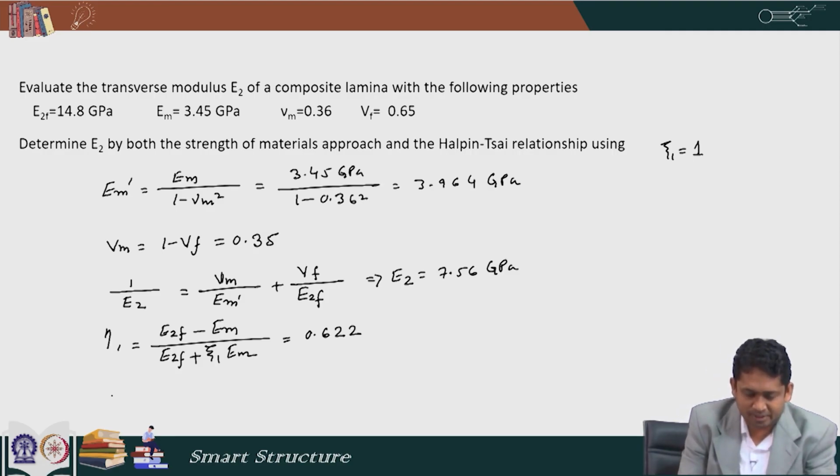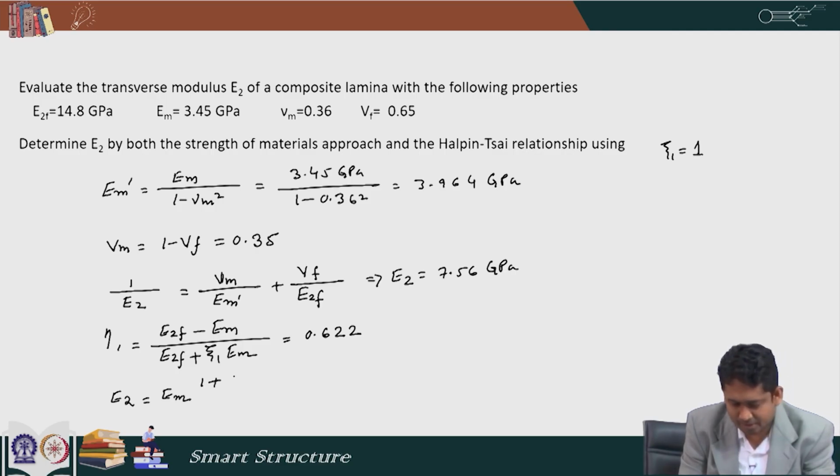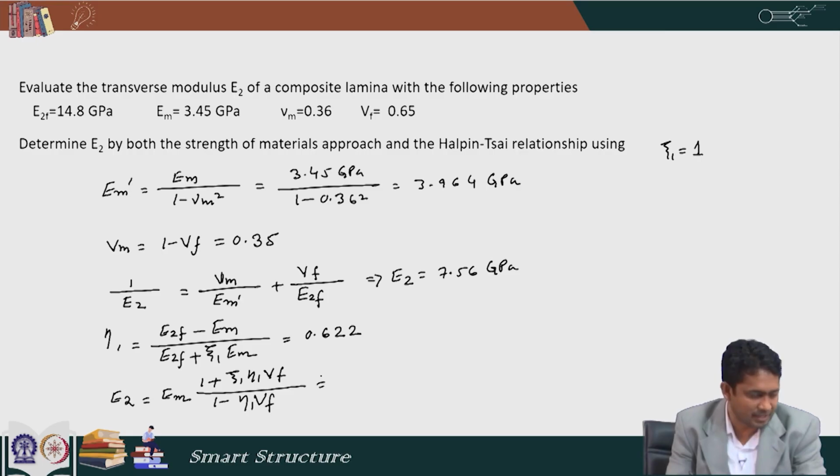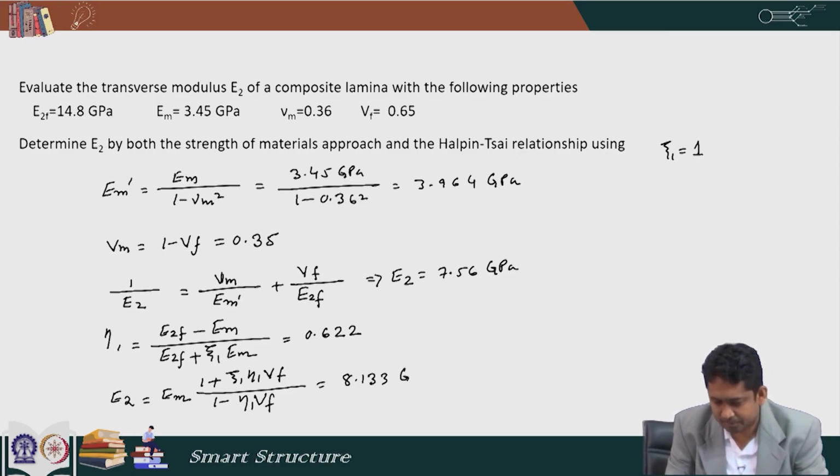Now, if we use the Halpin-Tsai relationship where eta is there, then E2 comes to be EM multiplied by 1 plus xi 1 eta 1 Vf divided by 1 minus eta 1 into Vf, and then if we put all these numbers, finally, the value comes to be 8.133 gigapascal.